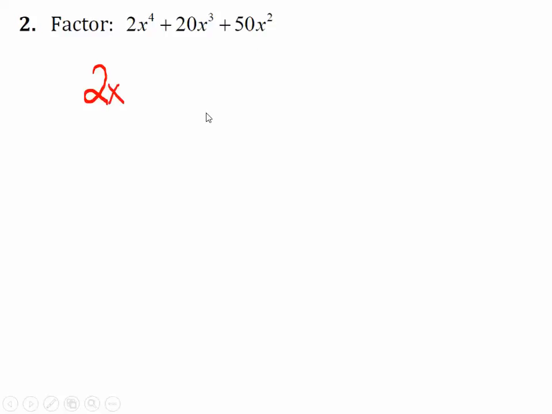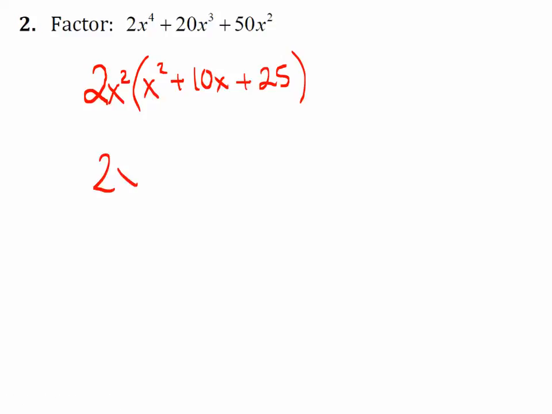Hopefully you guys factored out a 2x squared. If you just did 2x, you need to get that square against the lowest exponent, which is this one. You got to factor it out. X squared is left over, and anything else? 10x. Plus 25.